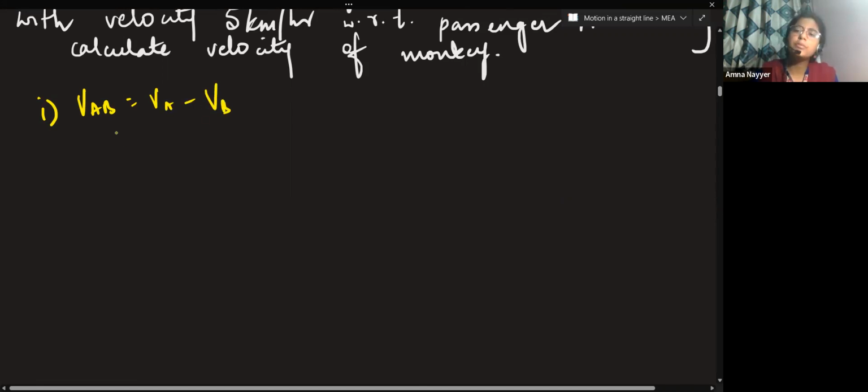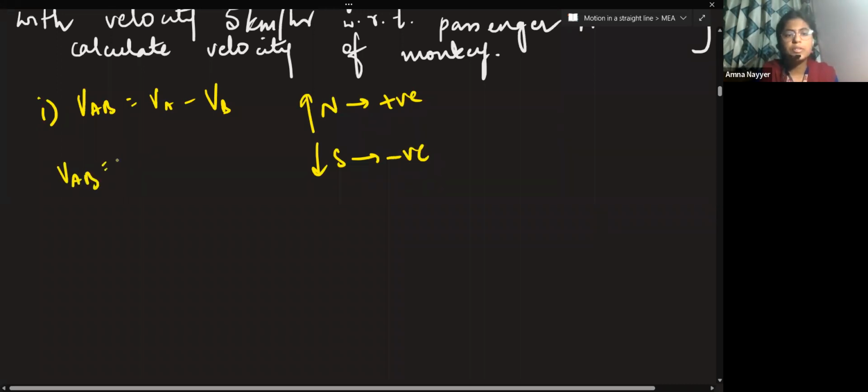Let's say upwards, north, we take as positive and south as negative. So VAB will be VA, which is 30, minus minus 50. That becomes plus 50, so it becomes 80 kilometer per hour, which is north.